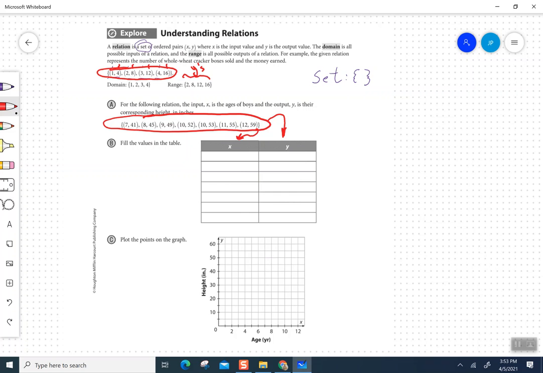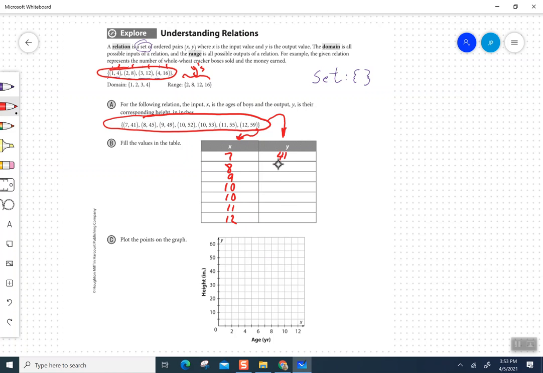So here we go. You see all the x's: 7, 8, 9, 10, 10, 11, and 12. We just list them in order. So what we do is we pair them up with their corresponding y values. For 7, we had 41.